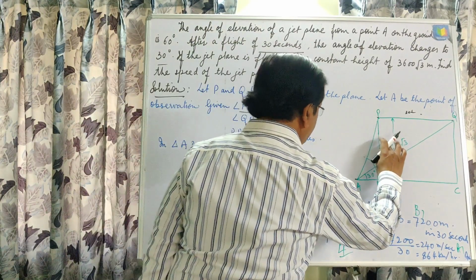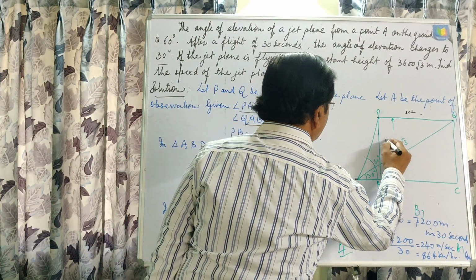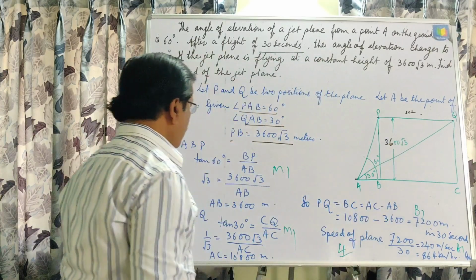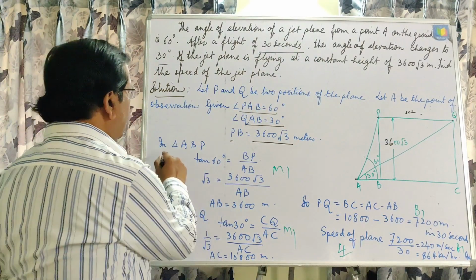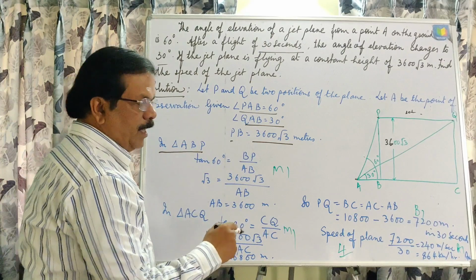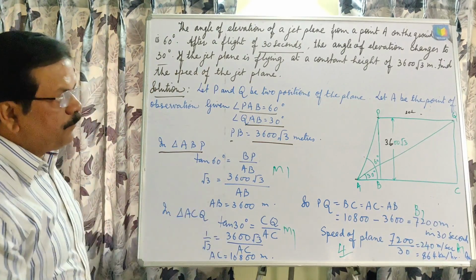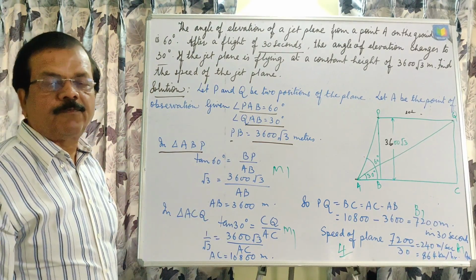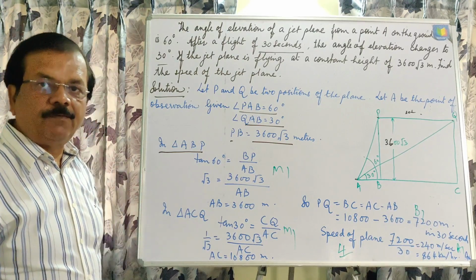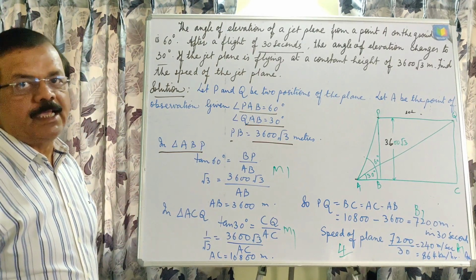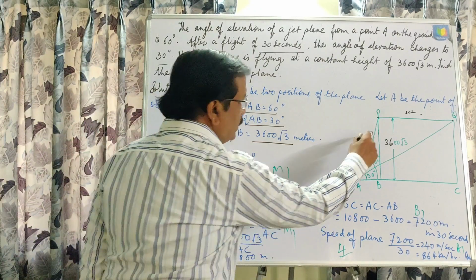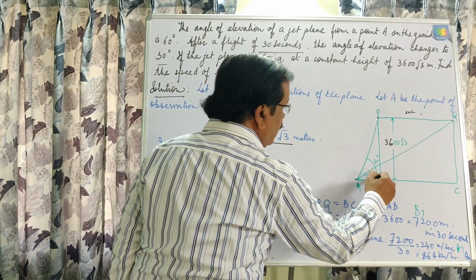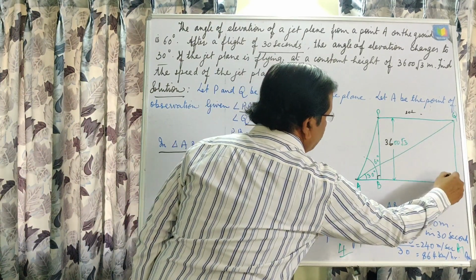This is 3600 root 3 meter. Now see here, in this triangle ABP, again after drawing the figure, though this is different type of figure, but after drawing the figure we will try to find out right angle triangle. Now see, this is one right angle triangle and this is another right angle triangle.